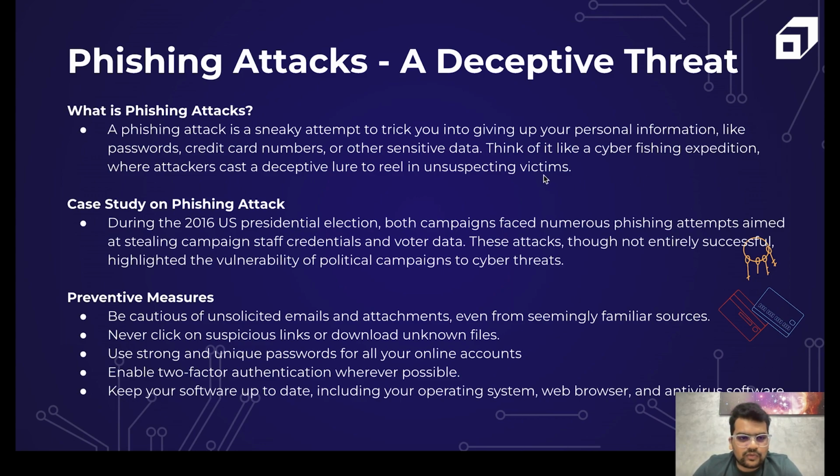So let's start off with what a phishing attack actually is. Phishing is basically the utmost definition of persuasion, or rather the art of persuasion. Phishing involves tricking users into revealing sensitive information like login credentials by pretending to be someone else.